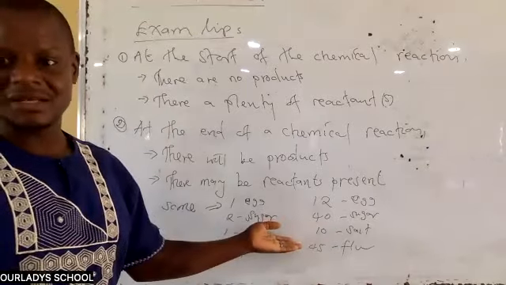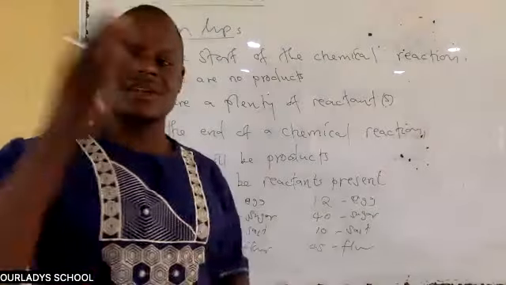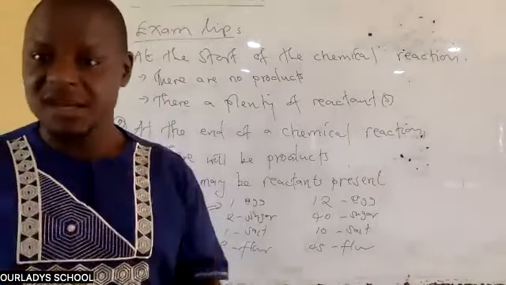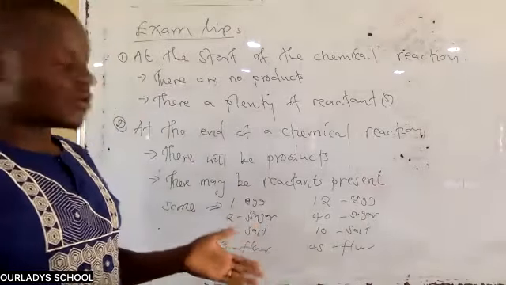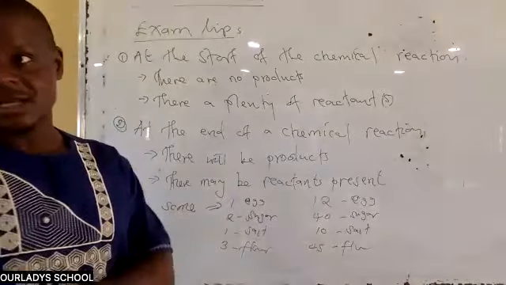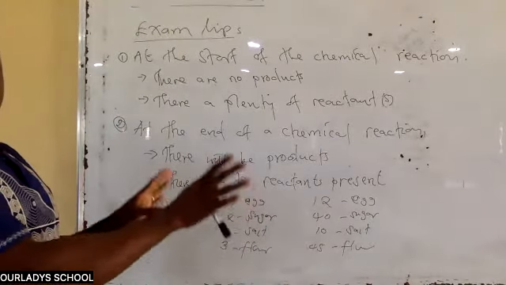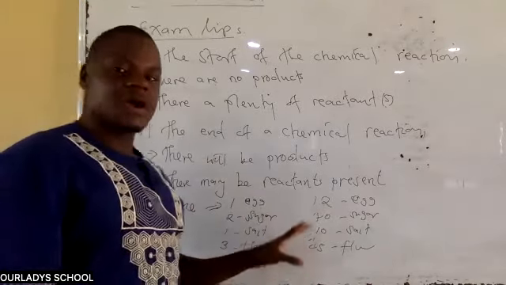The others will remain. So this is the point where I was saying that it's not always that at the end of a chemical reaction, reactants should all be used up. It depends on how much of the reactants you have. It depends on the ratio of these reactants. This is from home-based chemistry.